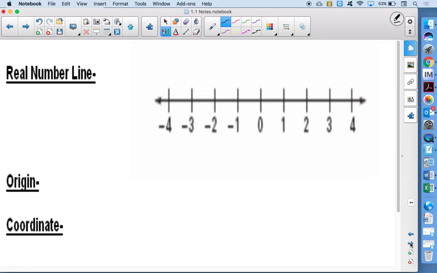A number line has an origin and it has a coordinate. What's the origin of anything? Like an origin of a graph. What represents the origin? What would be the origin? 0, yeah. So the origin is 0. Pretty much it's the center of your graph, the center of your number line.